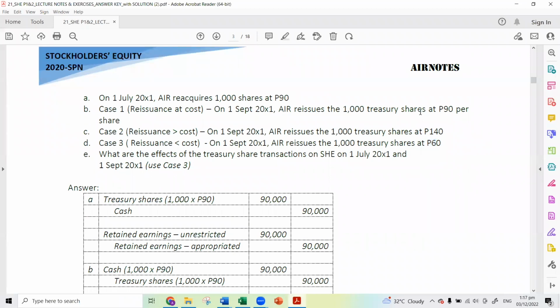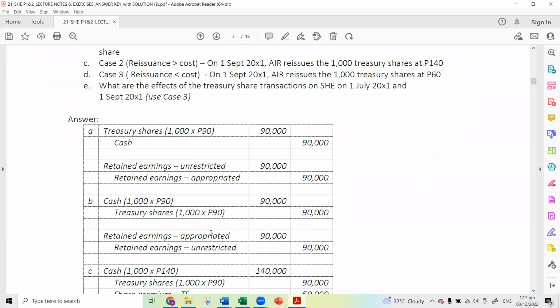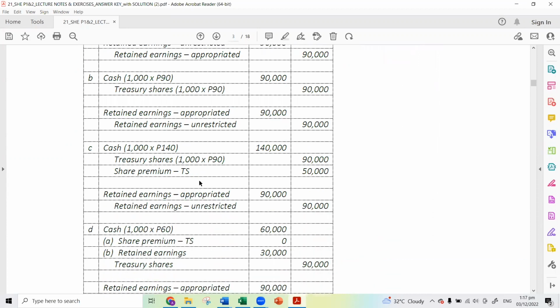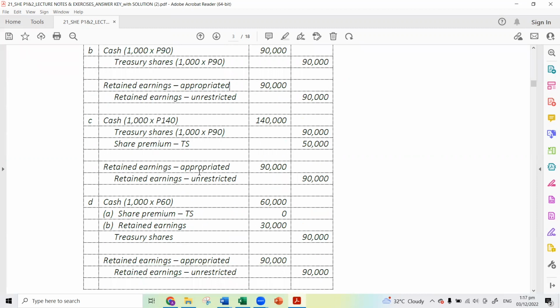So, ito at cost lang naman. Walang problema dyan. Ibig sabihin, ang pag-usapan na lang natin ito. When the treasury shares are reissued, syempre, the related appropriated retained earnings are reported back to unrestricted retained earnings. Okay? So, at cost yan. Kapag naman ang treasury shares ay na-reissue at more than the reacquisition cost, the excess of the reissuance price over the cost is credited to share premium treasury shares.